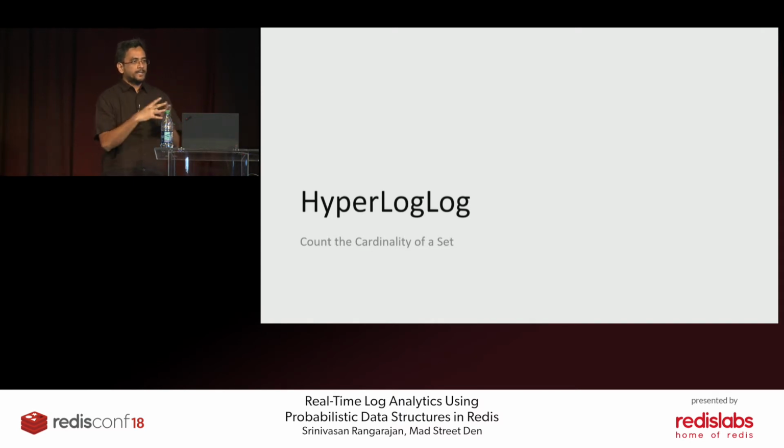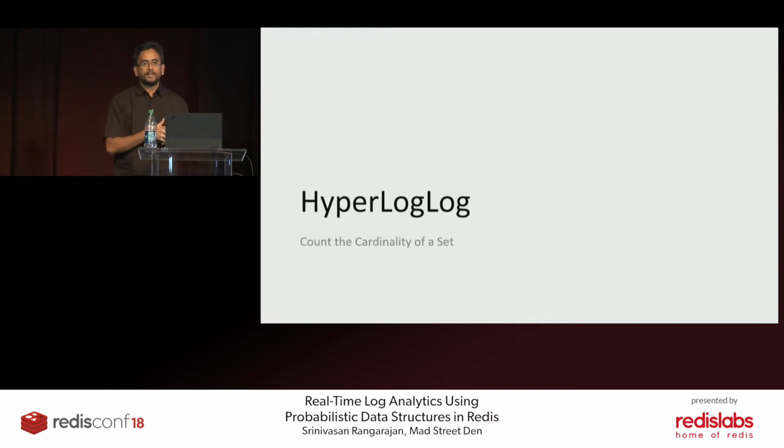So let's say you have a set of, say, 1 million items. If you want to find out the count of the distinct elements in your set, you can either store them as a Redis set, but that's going to take huge memory.